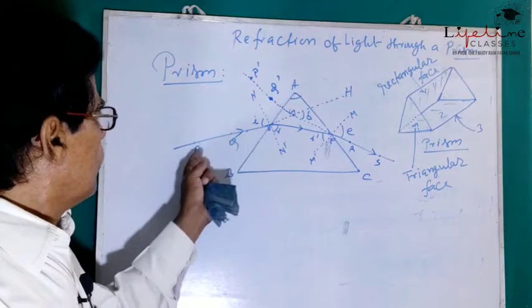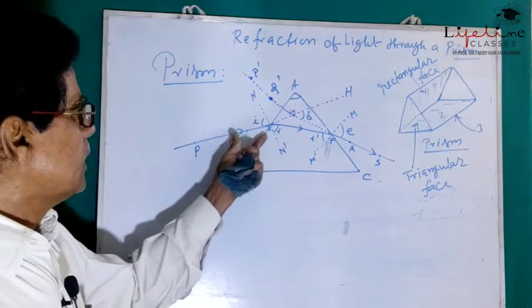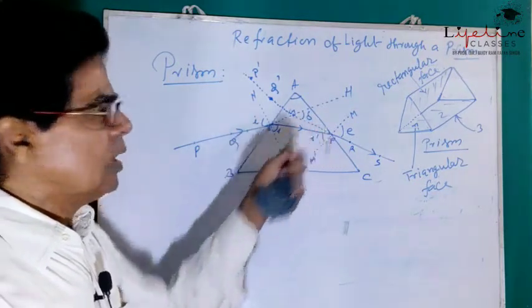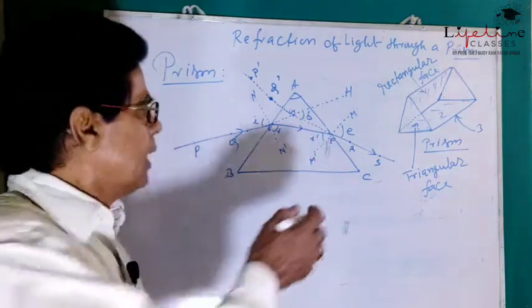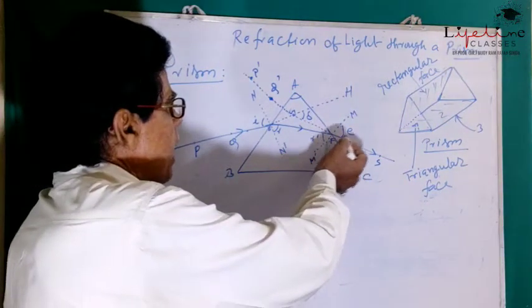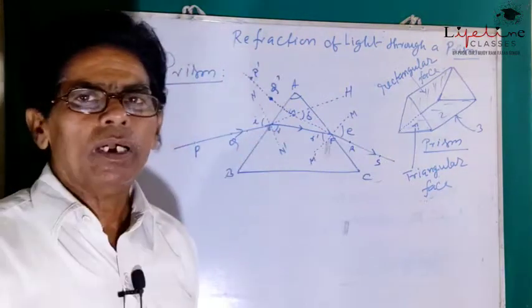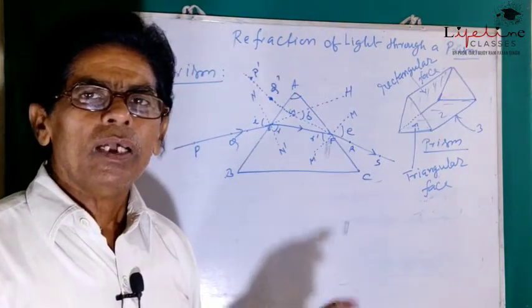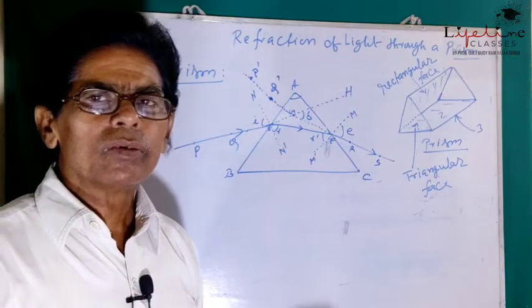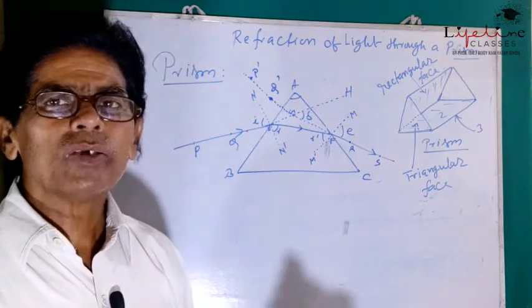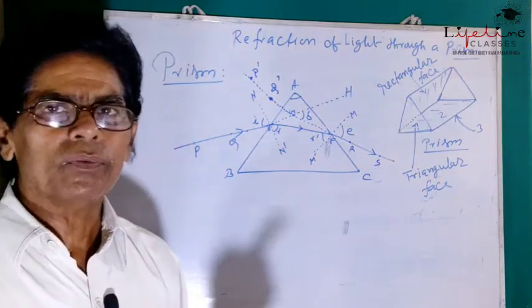So PQ is the incident ray, EF is the refracted ray, and FRS is the emergent ray, meaning the light ray emerging out of the prism.